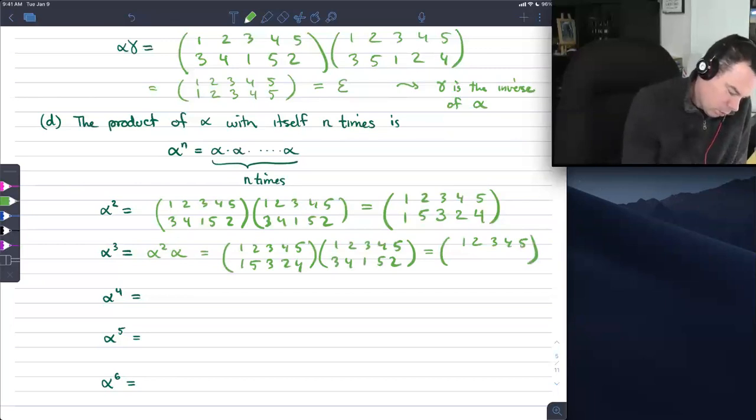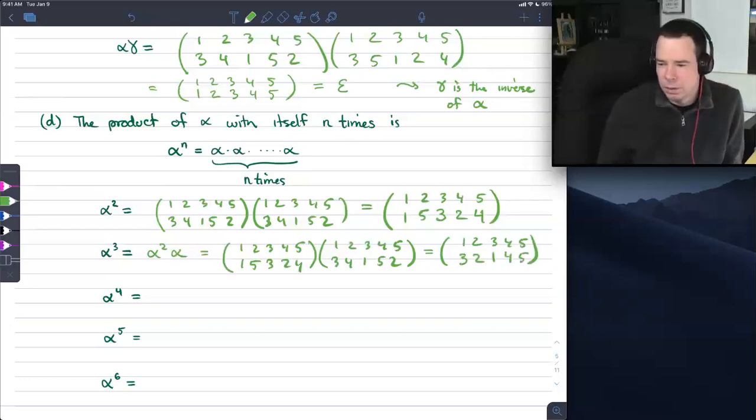So 1 goes to 1, which goes to 3, 2 goes to 5, which goes to 2, 3 goes to 3, which goes to 1, 4 goes to 2, which goes to 4, 5 goes to 4, which goes to 5. And so there I get alpha cubed by just multiplying.